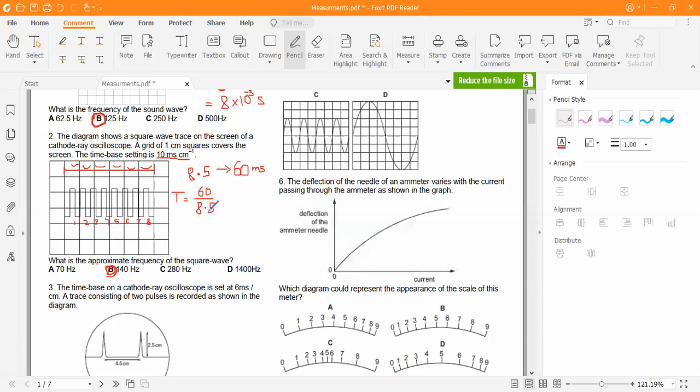So this is coming out to be 7.06 almost, 7.058 milliseconds. Then we will convert milliseconds to seconds, and then frequency will be 1 over T, with the 10 to the power of 3. Don't forget to change the unit. So it is coming out to be 141.6.